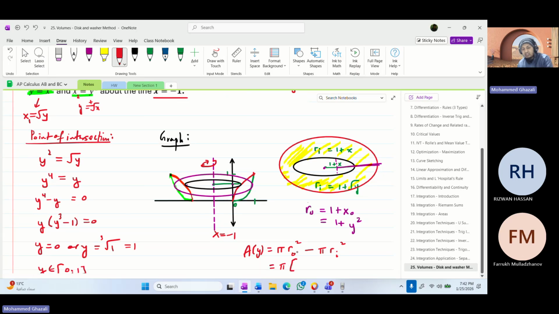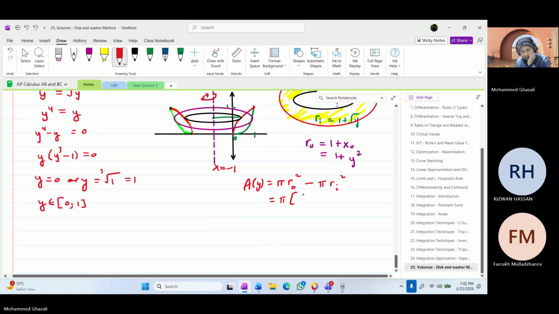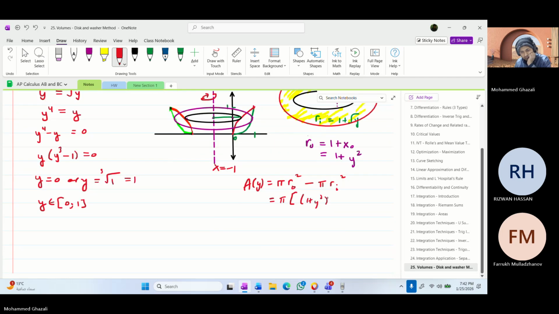What's the outer radius? The outer radius was 1 plus y squared, squared. Minus the inner radius squared, which is 1 plus root y, squared. So now I'm going to find the area, and you know where you are integrating from, 0 to 1. So you have pi times: square this, 1 plus 2y squared plus y to the power 4, subtract, we are subtracting here.